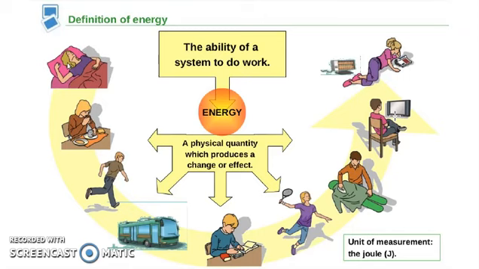Cookers use electrical energy or natural gas to produce thermal energy, another type of energy, in order to cook food. Similarly, cars and buses have motors that use gasoline or diesel as a source of energy.